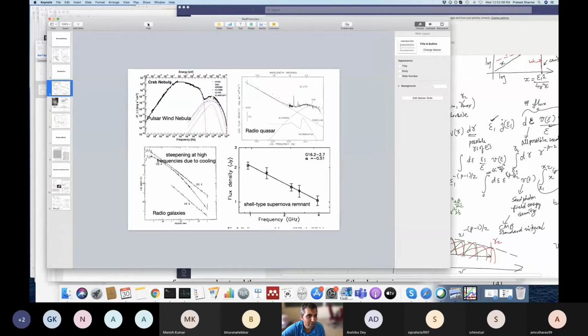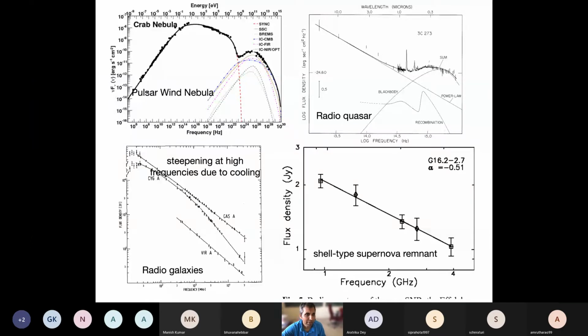You see this Crab Nebula, the SED, the spectrum of the Crab Nebula. This part goes as nu to the minus (p minus 1) by 2. This is the synchrotron. And the corresponding inverse Compton, you can see these inverse Compton models here, IC CMB and whatnot.